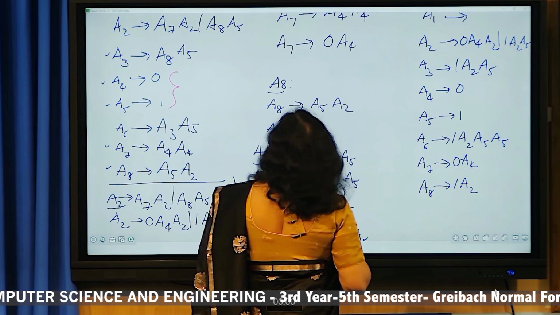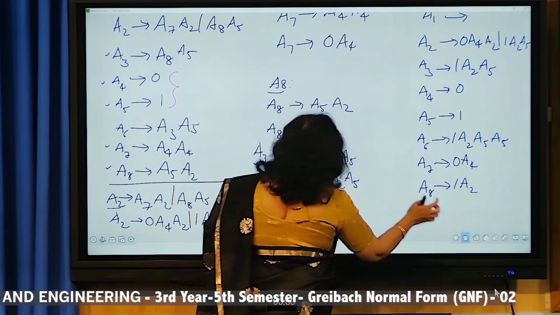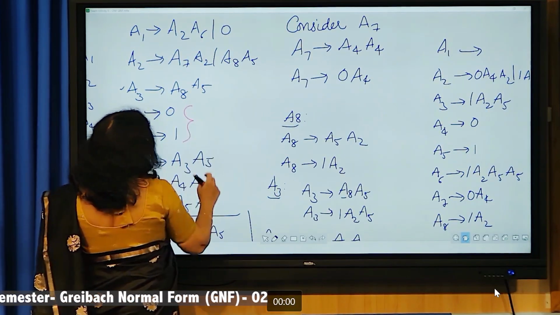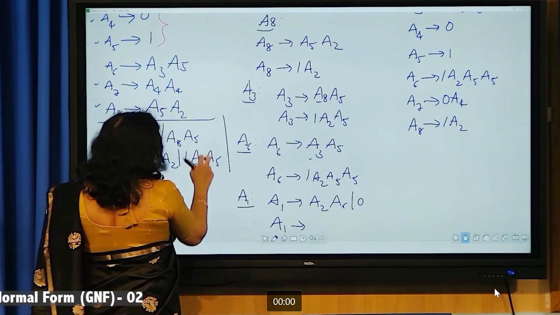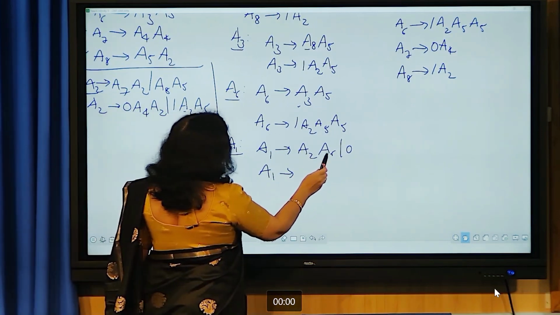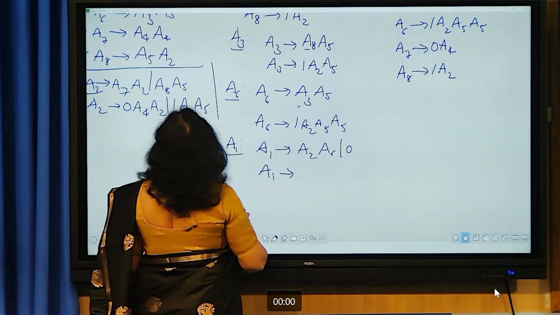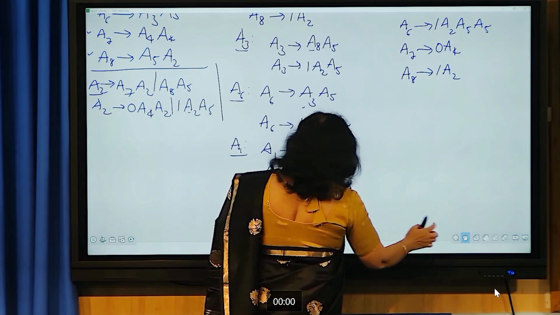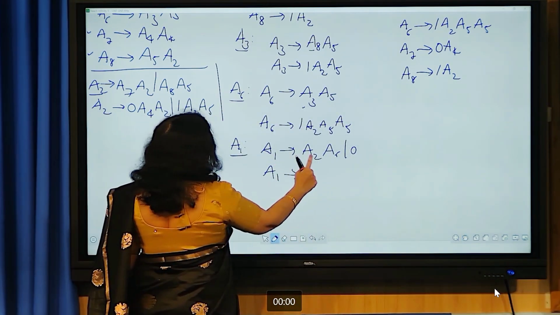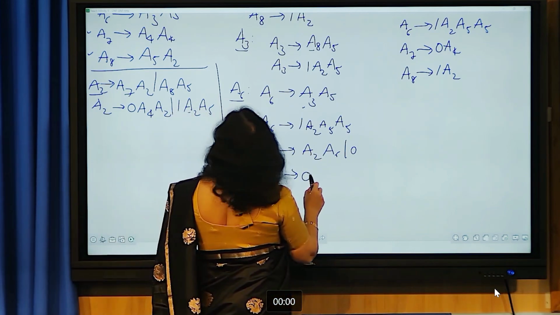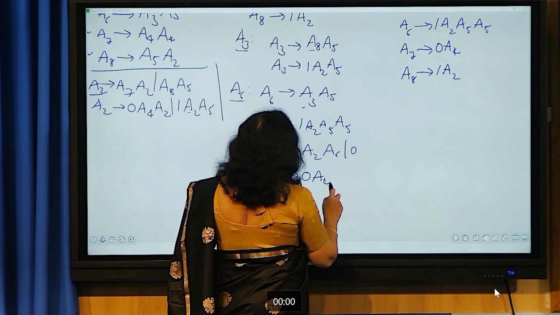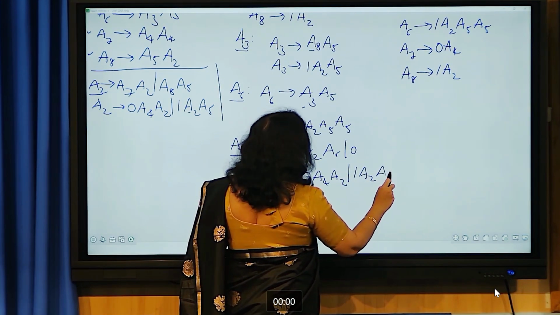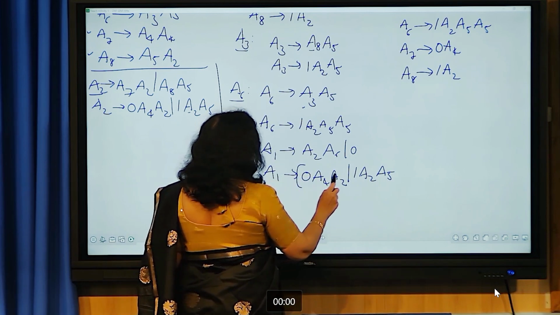Now we will have to see A1. A1 is A2, A6 or 0. Now we got the value for A2. A2 is 0, A4, A2 or 1, A2, A5.